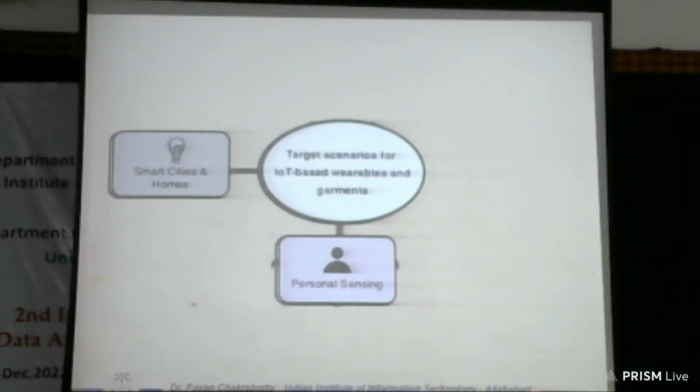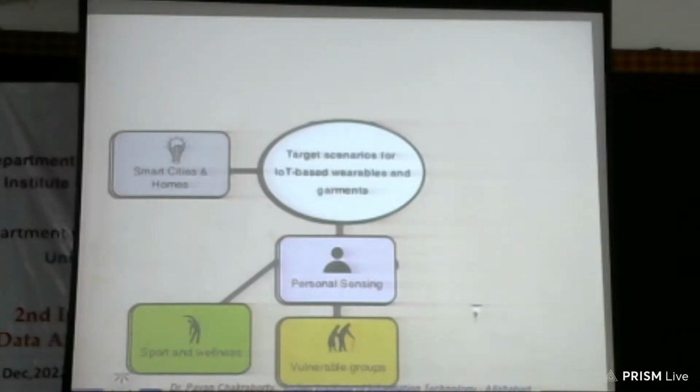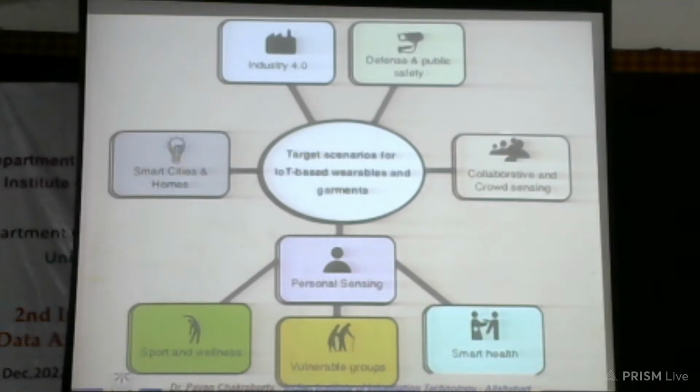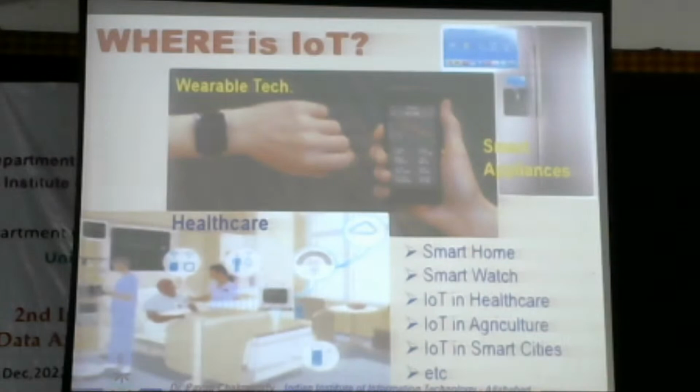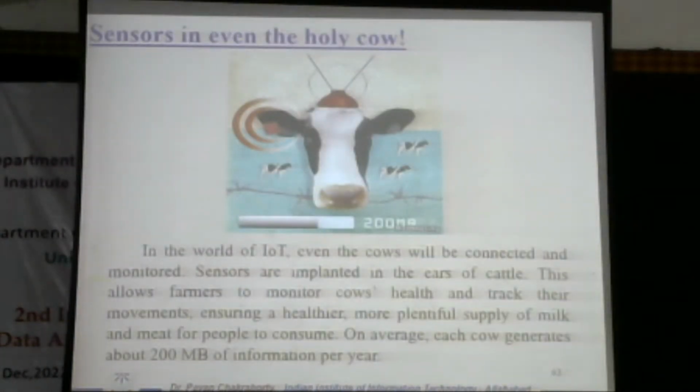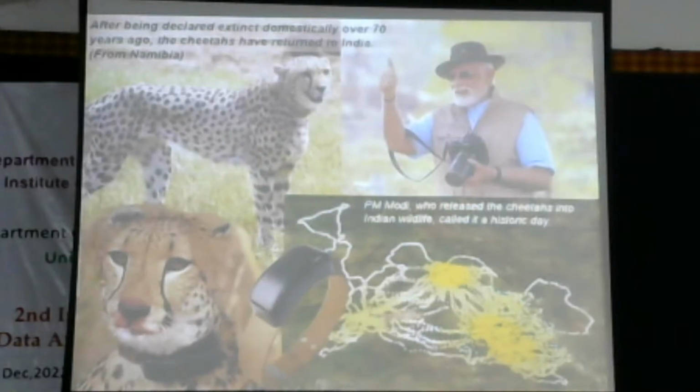So basically, these are areas where smartness, IoT starts working, and this is medicine, garbage collection. This is an important thing for tagging the instruments. Recently, from Namibia, a set of leopards or cheetahs came to India, and they were given a collar tag, and you could trace their movement through satellite.